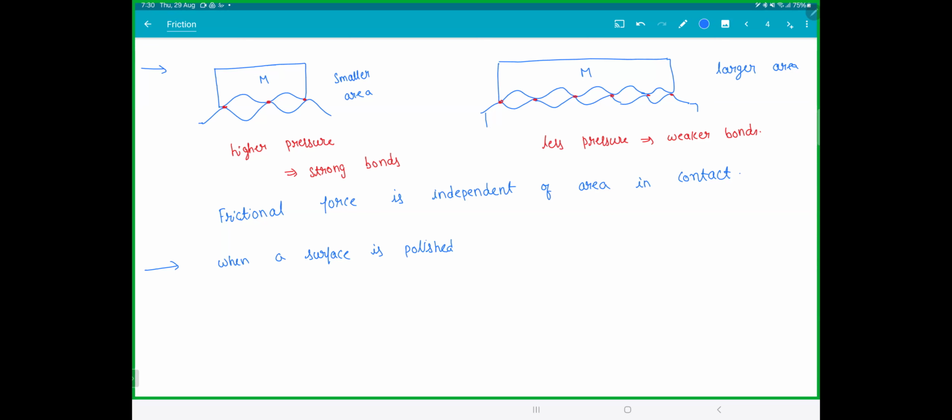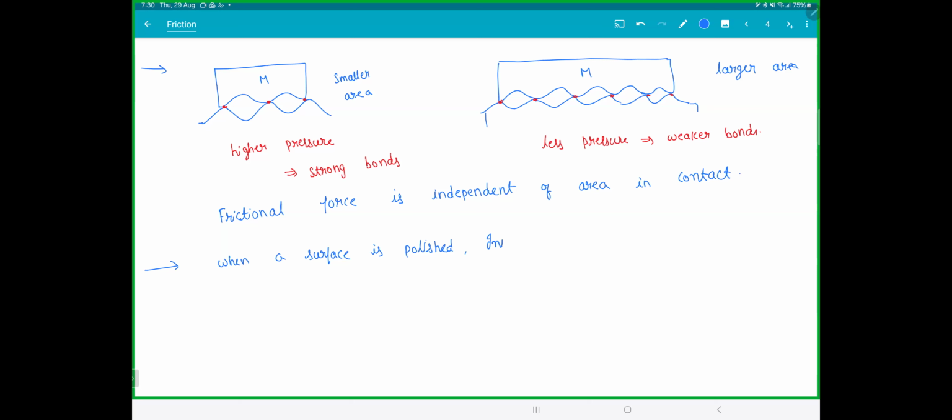If they have the same amount of pressure, meaning you're saying masses are different. Masses are different, obviously, then they'll have different friction. We are talking about the same scenario, right? Same mass, everything same. Only the area is different. So now when a surface is polished, what happens?